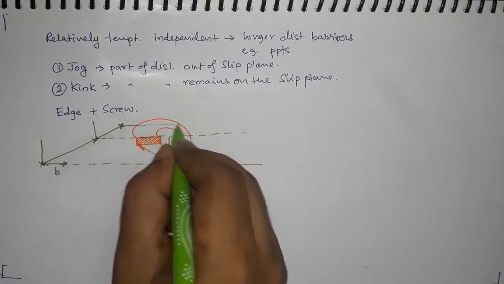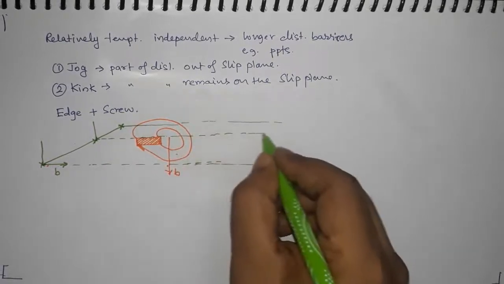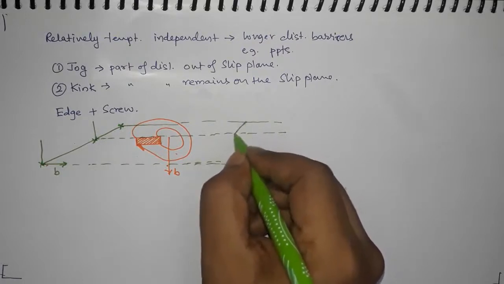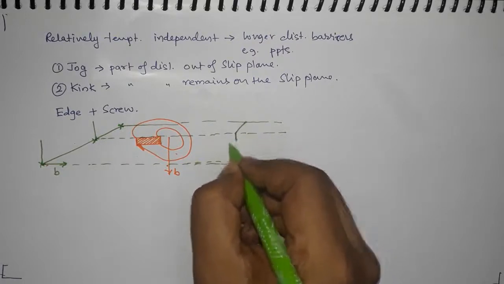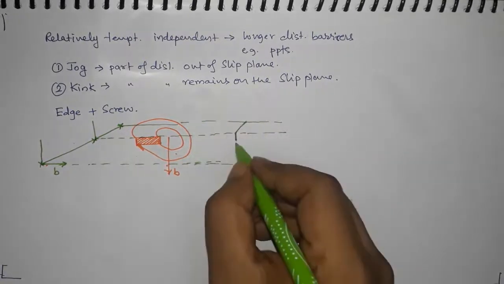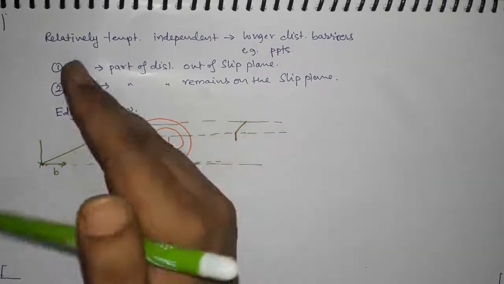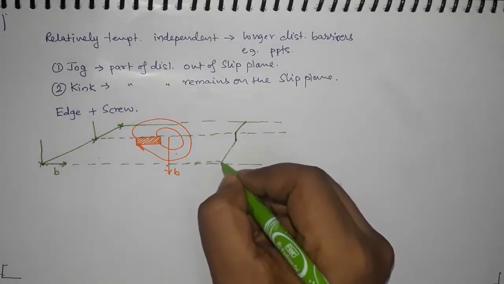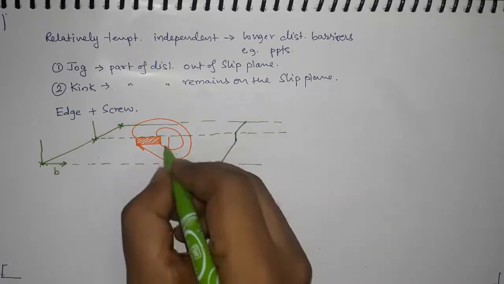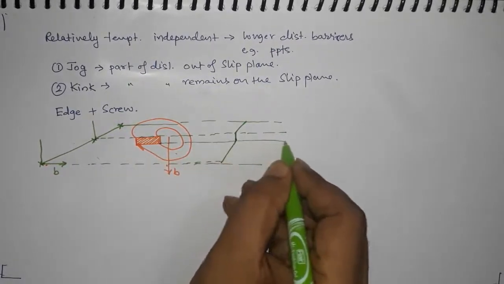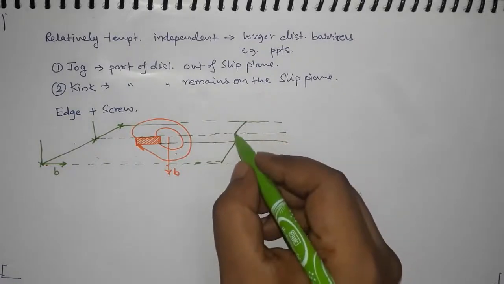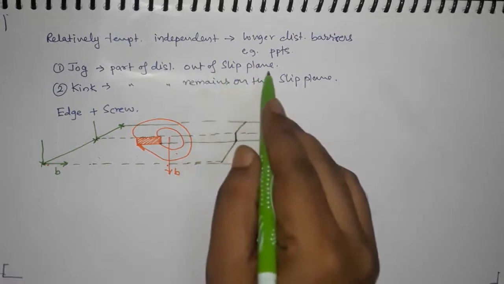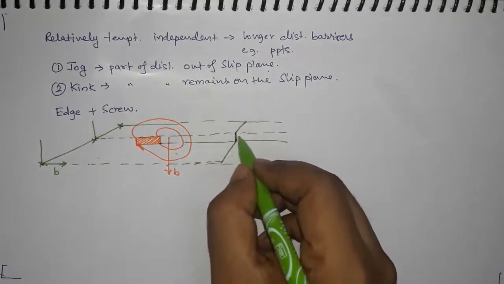Okay, so that was moving, and then that part of edge dislocation will remain like that, and this edge dislocation will have this 1 atomic distance drop because this screw dislocation just passed through edge dislocation, and the rest will remain like that. Okay, so what happened? This part of edge dislocation is out of the slip plane. So this is a jog.